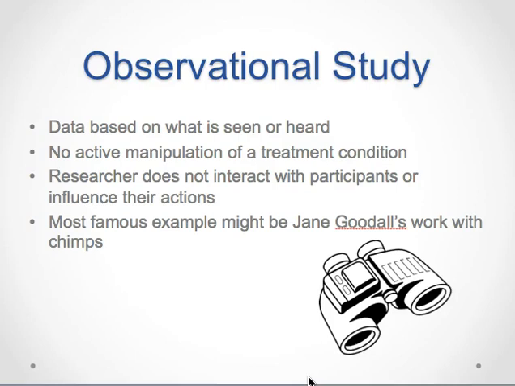For example, children's spontaneous acts of aggression on a playground during recess are observed. Or Jane Goodall's research with chimpanzees was naturalistic. She observed chimpanzees in their natural environment. Or Dian Fossey's research with mountain gorillas was also naturalistic observation.